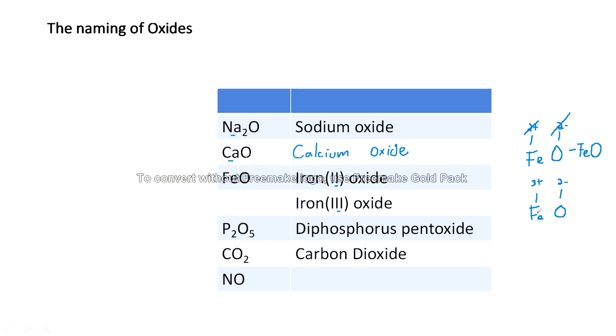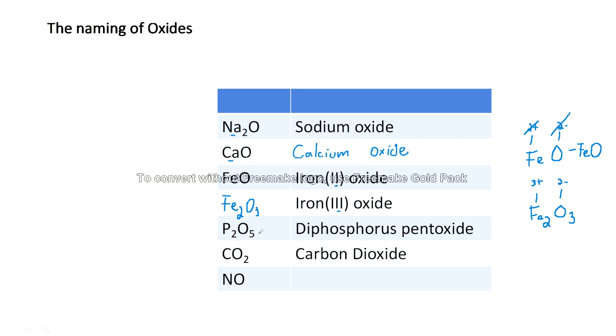So the oxidation number of iron goes after the oxygen, and the oxidation number of oxygen goes after iron. So at the end we're going to have Fe2O3, so iron 3 oxide.